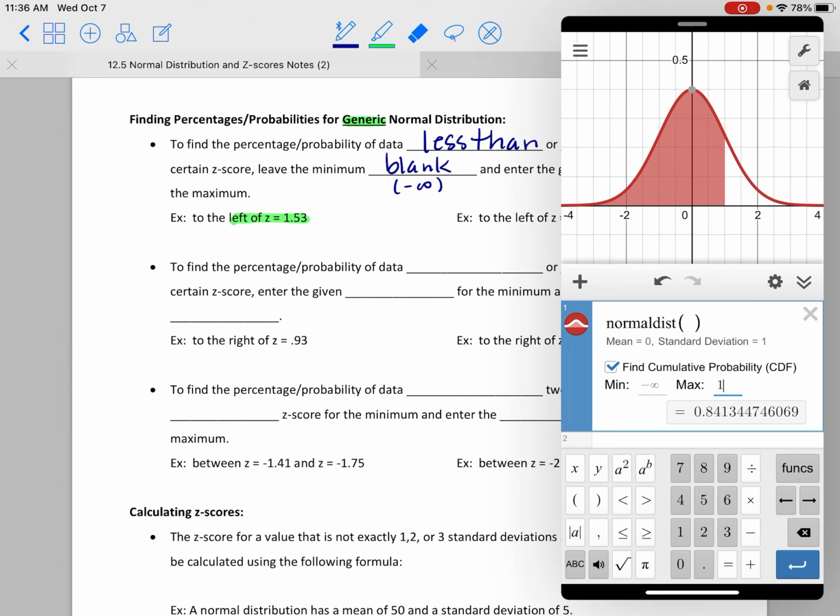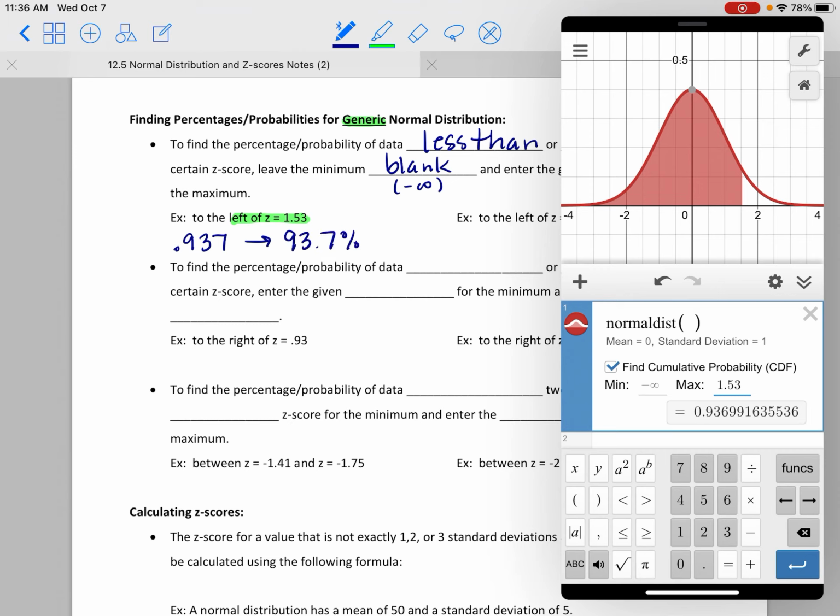But if our z-score is 1.53, I don't even know that percentage, I can use Desmos to find it. So 0.937-ish is our decimal, which is going to be 93.7%.